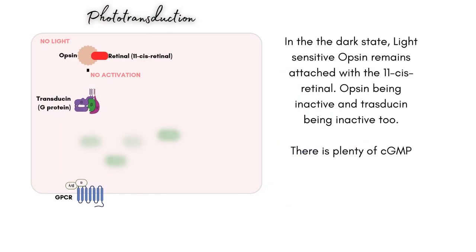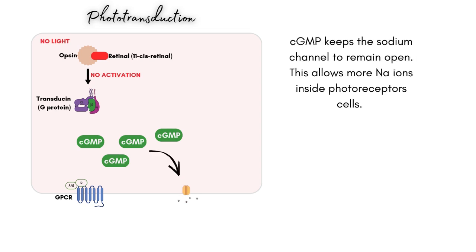In the dark state, light-sensitive opsin remains attached to the 11-cis retinal. Opsin is inactive and transducin is inactive too. There is plenty of cGMP. cGMP keeps the sodium channels open.